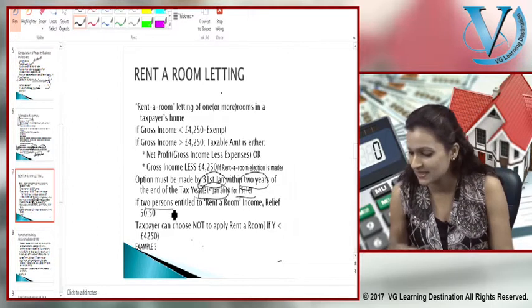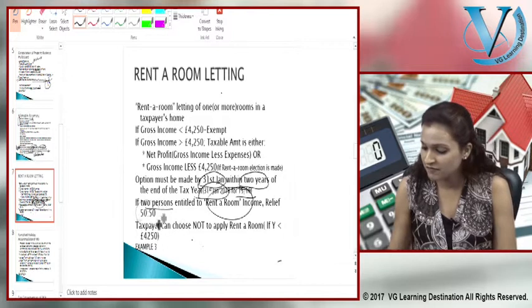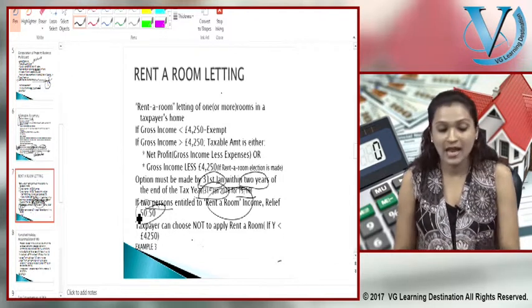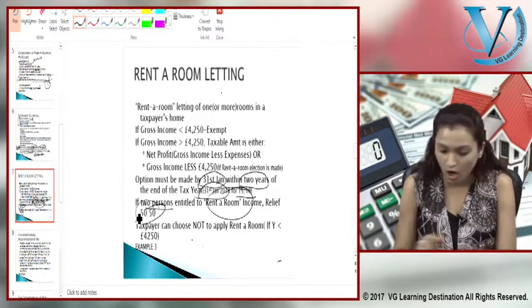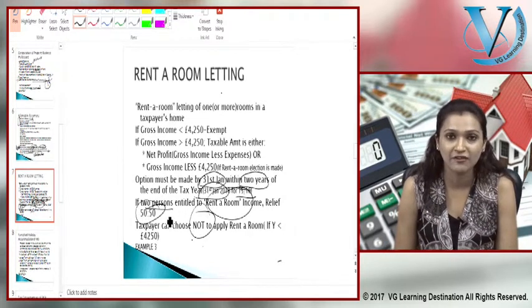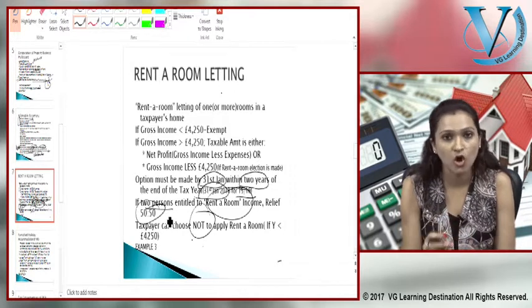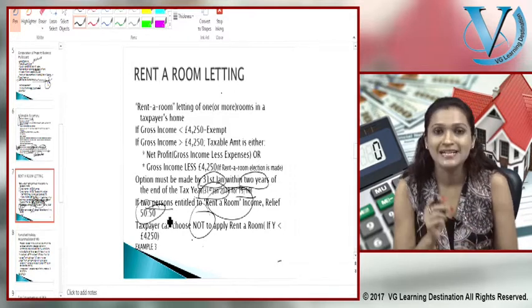So for two persons entitled to rent a room, the relief also comes 50%. Taxpayers can choose not to apply for rent a room when their assessable income becomes less by not opting for the selection.